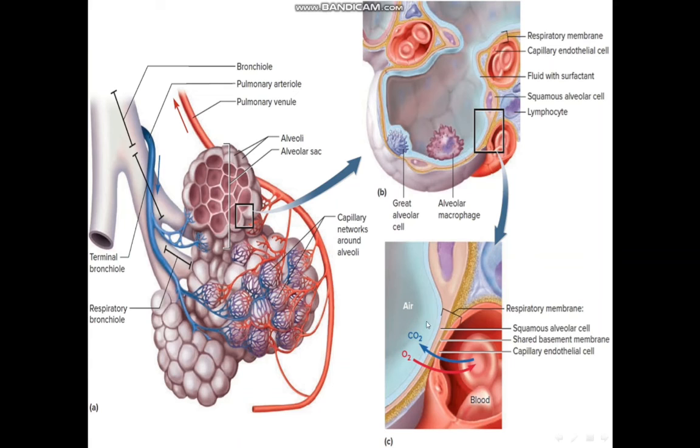This happens by diffusion from high concentration to low concentration, for the oxygen and for the carbon dioxide, in the alveoli. So this is how the alveoli work in gas exchange.